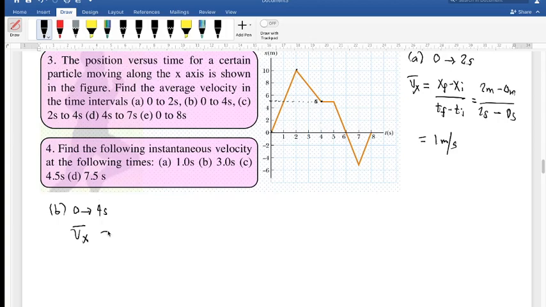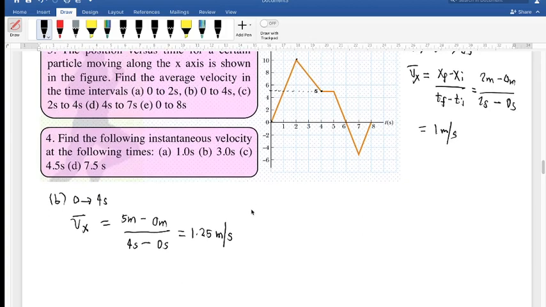So using this formula, the final position is 5 meters, the initial position is 0 meters again, the final time is 4 seconds, and the initial time is 0 seconds. So that is 5 divided by 4, that is 1.25 meters per second. So that is for letter B. This is easy, you just look at how to get the values using the graph.